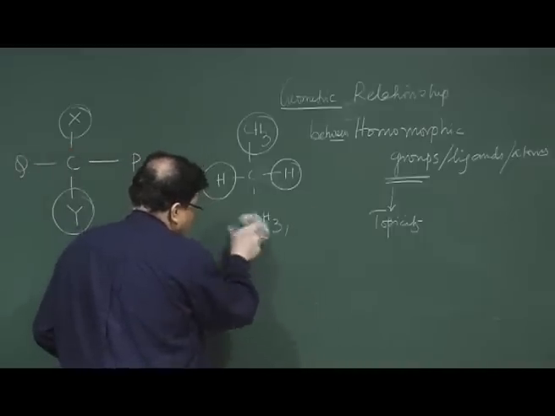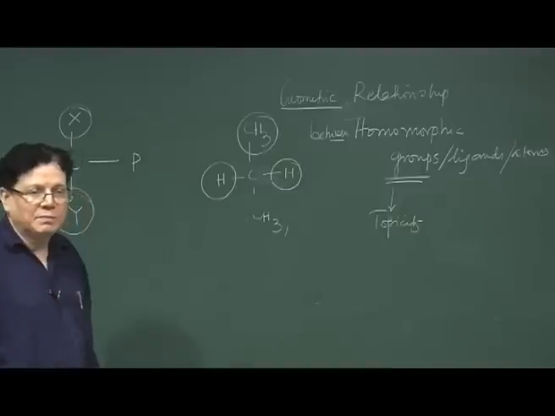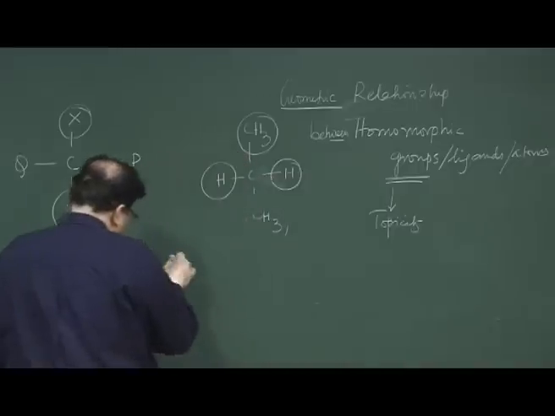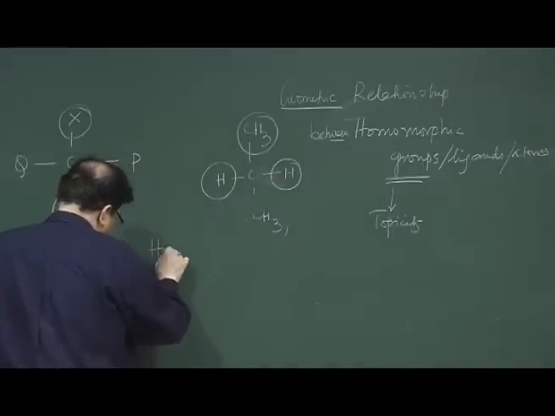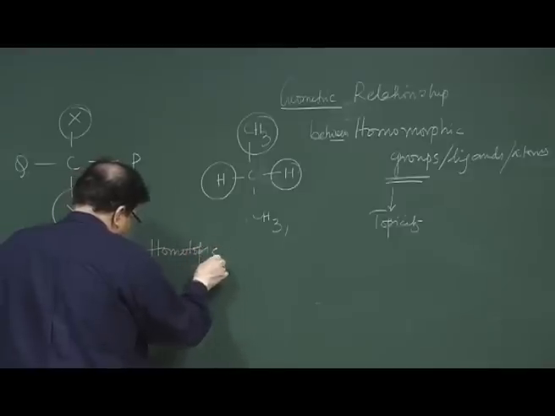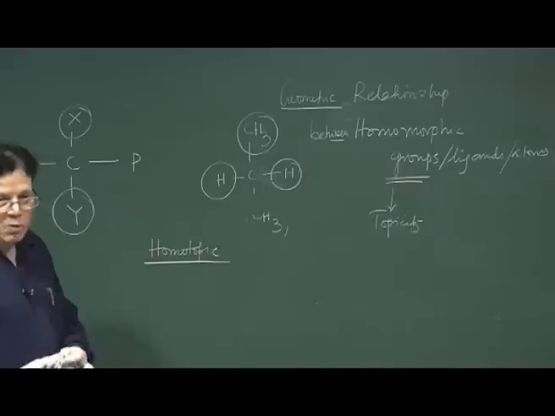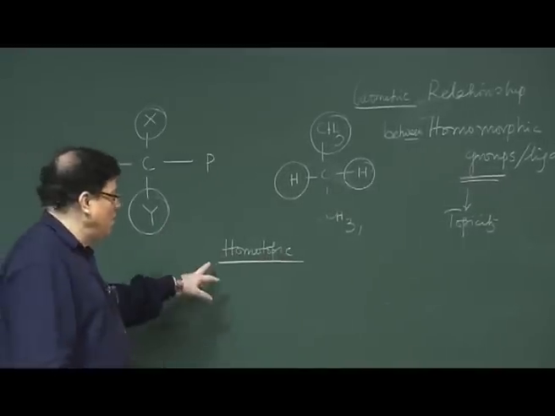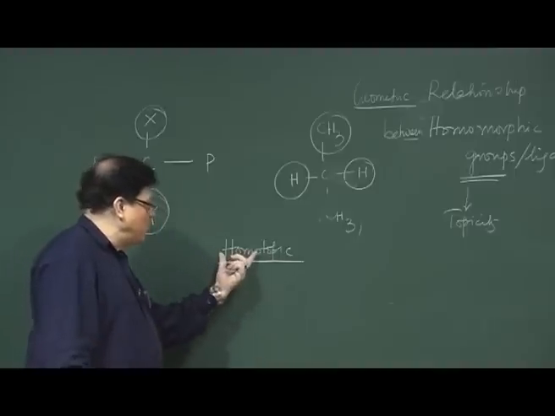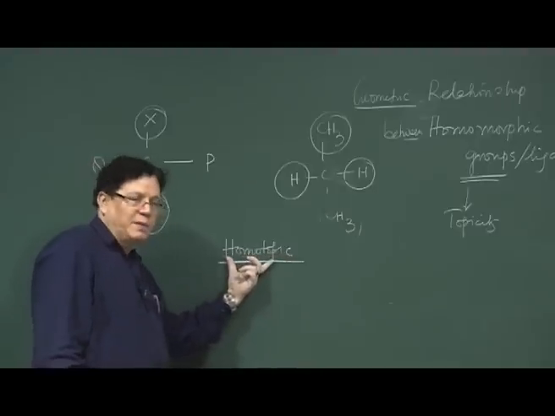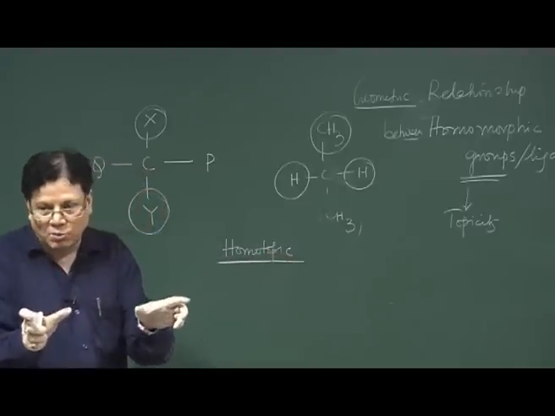Now, there are different types of relationship that are possible. Okay. I said this relationship is called topicity. So, whatever the name given to these sets of ligands, will have something in front before topic. Okay. Like homotopic, there are sets of ligands which are homotopic.